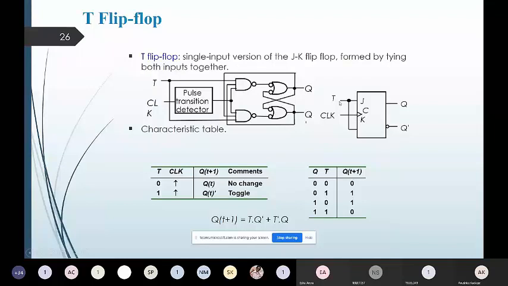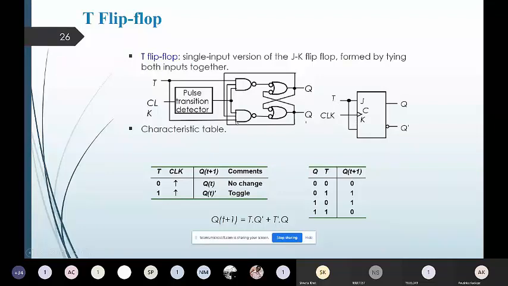So here you can observe the JK flip-flop diagram in terms of three components: the pulse transition circuit, the pulse steering circuit, and the input. For the two NAND gates, previously we had inputs J and K, but to convert the JK flip-flop to the T flip-flop, we only tie the two inputs together as J and K to form the T input.